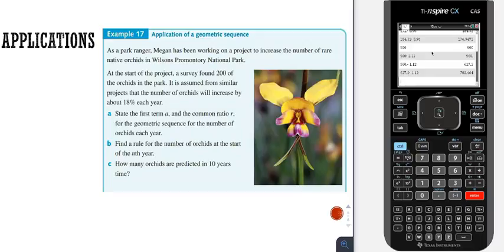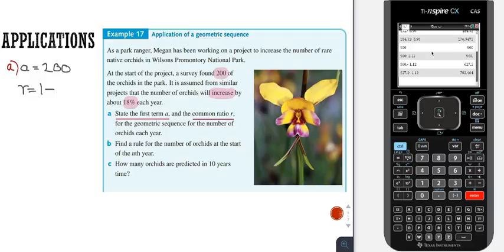We're asked to state the first term A and the common ratio R for the geometric sequence for the number of orchids in each year. So A is just the first value, so 200 is the original.